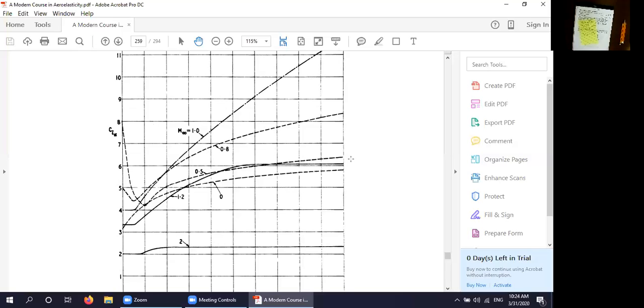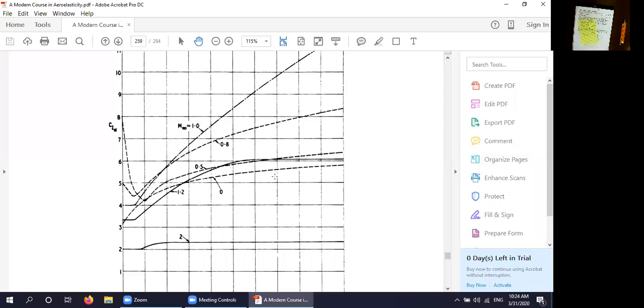And then here's the curve for the Mach number of 0, right? Now, here it's going to a steady state value, but if I trace it back to short times, it goes back down to what appears to be this value.